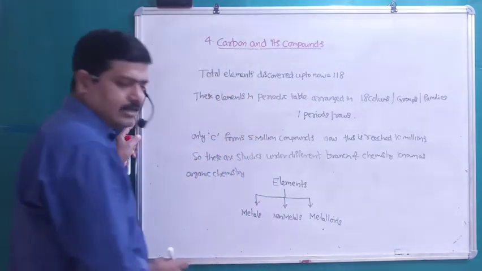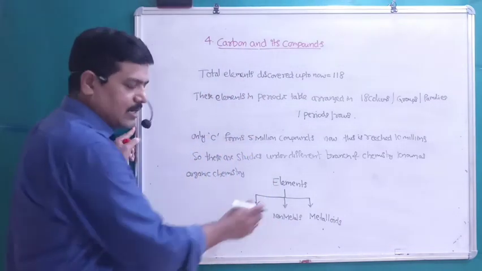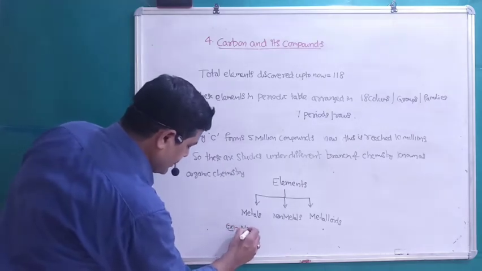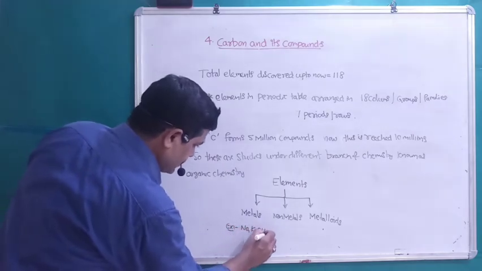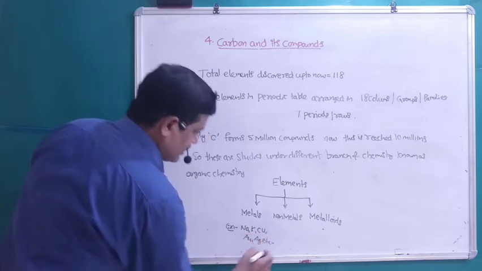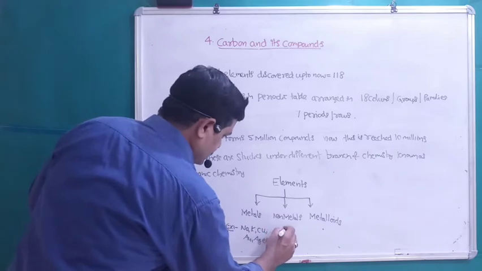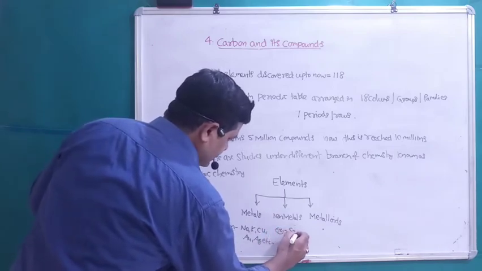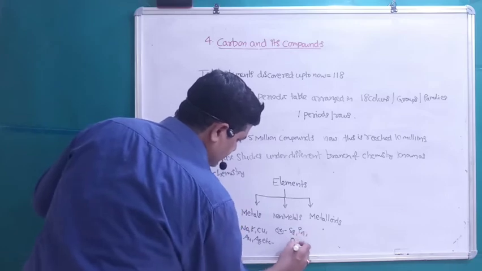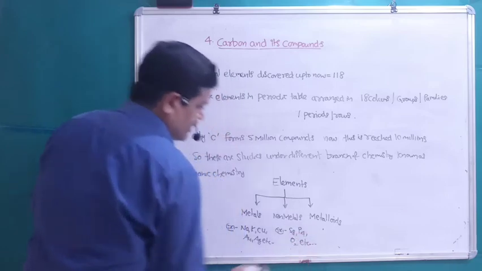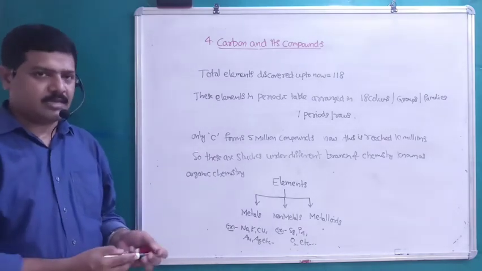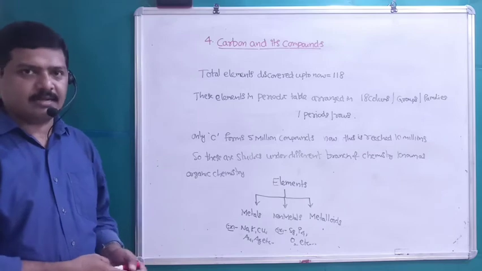Here we will mainly talk about metals and non-metals. Examples of metals are sodium, potassium, copper, gold, silver, etc. Non-metals are sulfur, which exists as S8, phosphorus, P4, oxygen, etc. So what is meant by non-metals and what is meant by metals? Let us discuss now.